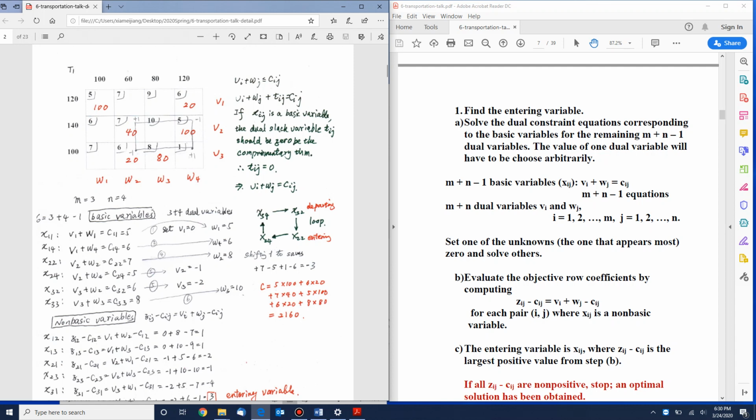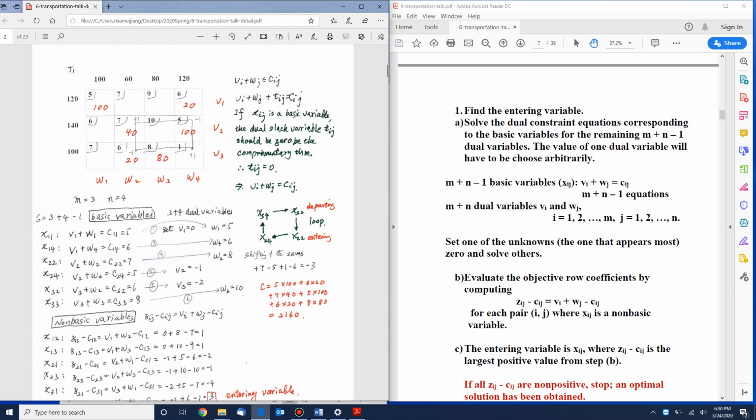Now what we do is normally we set one of the unknowns to 0. Normally we set the one that appears most in those equations Vi plus Wj equals Cij. We set one of those unknowns Vi or Wj to 0, and then we can solve the rest of them.